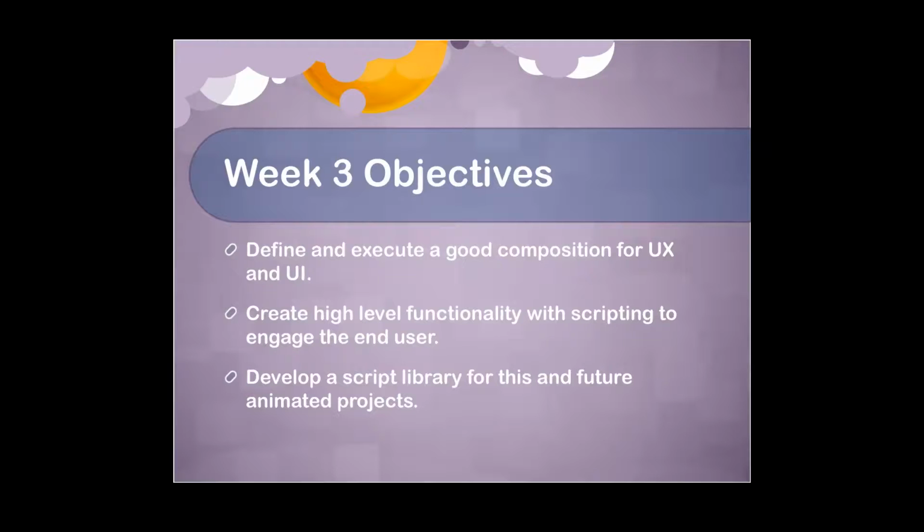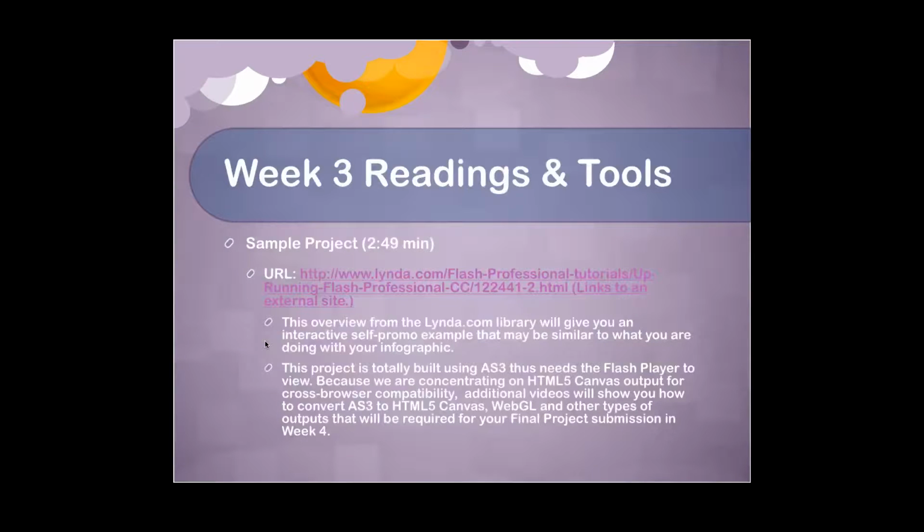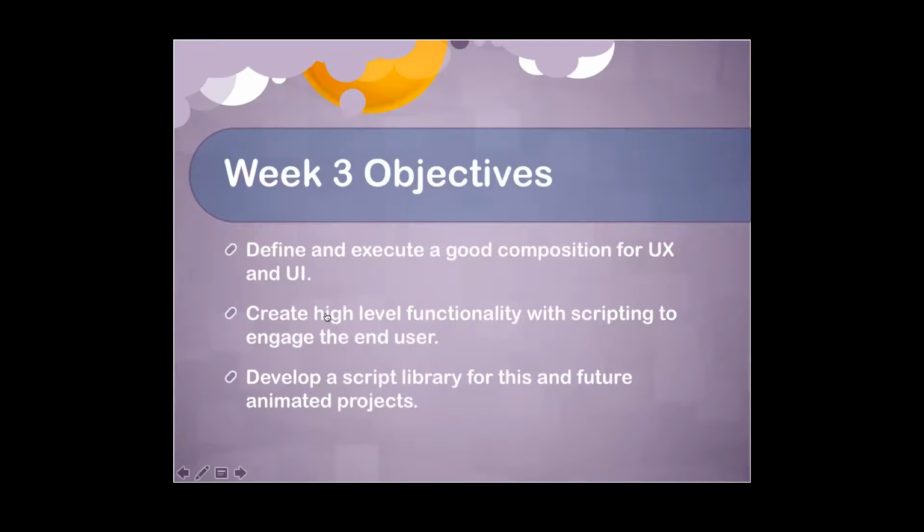So I think I mentioned about script library. Adobe Flash comes with some built-in snippets, and we're going to discover how to find more code that we can use that's open source and available for us.